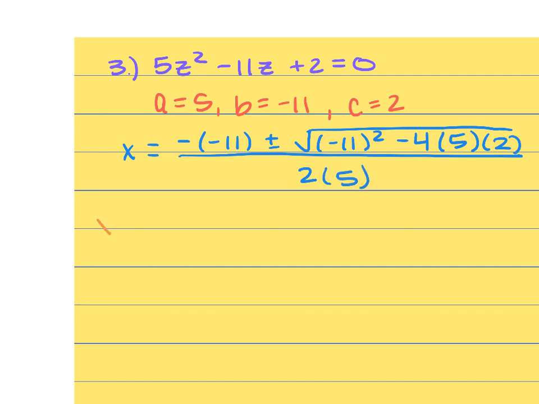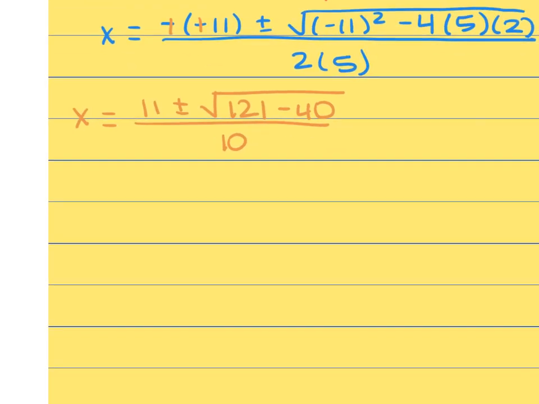So then we simplify, we get x is equal to 11 plus or minus the square root of 121. Negative 4 times 5 is negative 20, times 2 is negative 40. So 121 minus 40 all over 10.